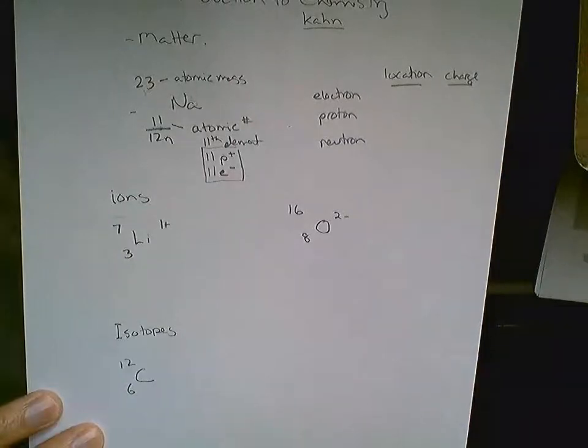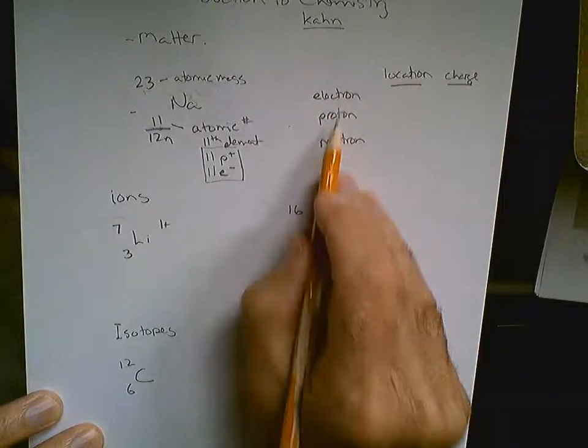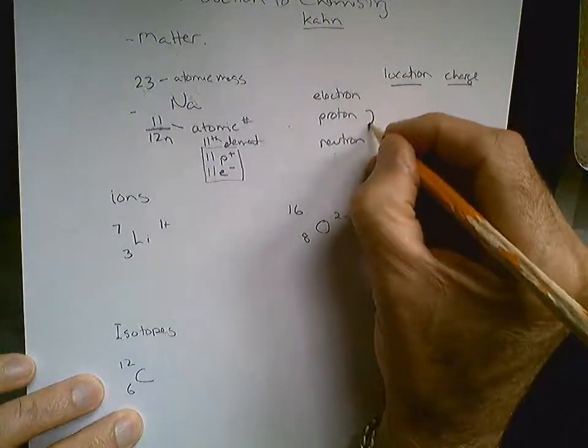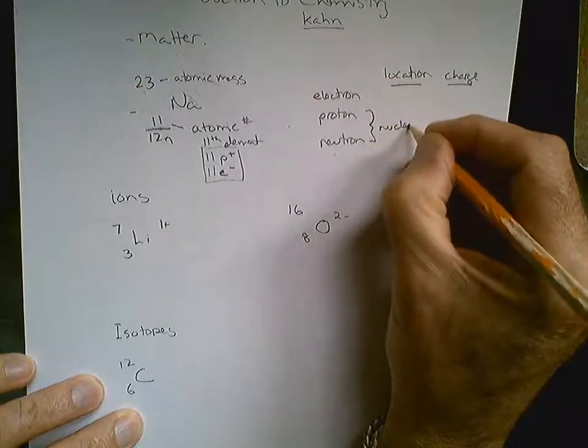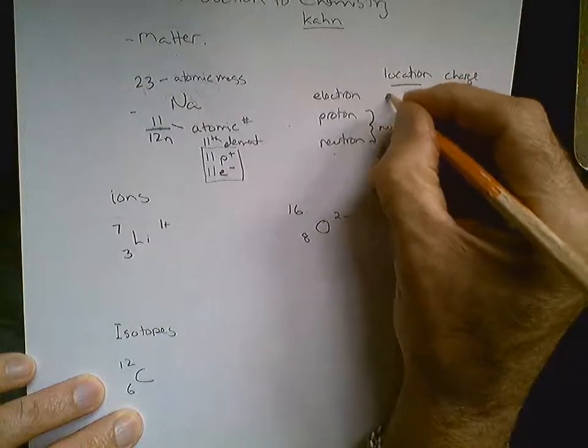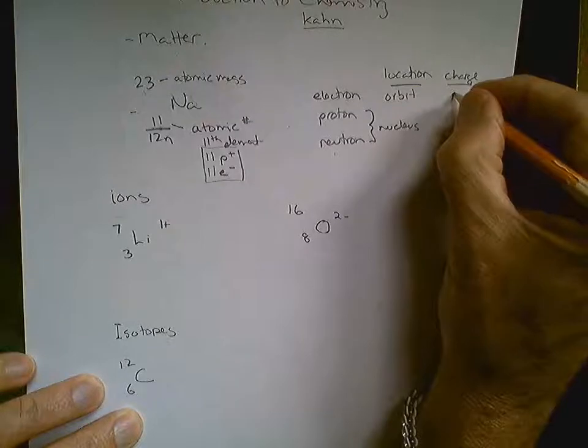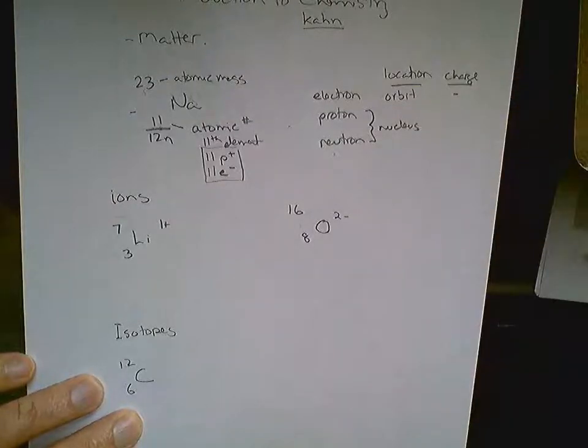Every element in the periodic table is made up of electrons, protons, and neutrons. Protons and neutrons are in the nucleus, and the electrons are in the orbit. Electrons are very small. They're 1/1800 the size of protons and neutrons, and they have a negative charge.